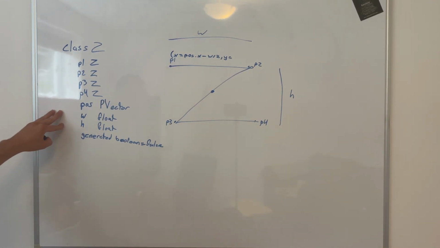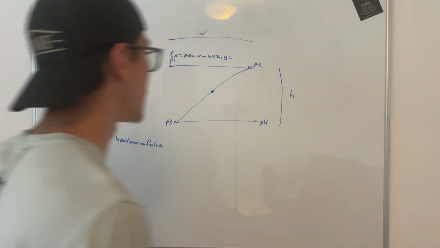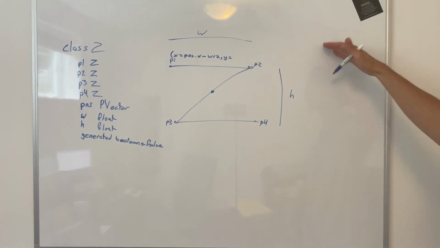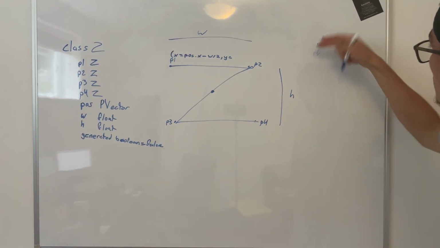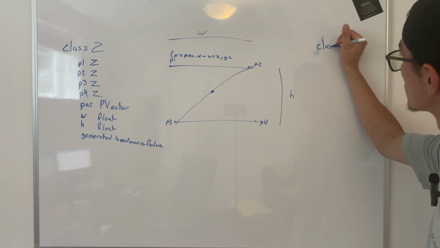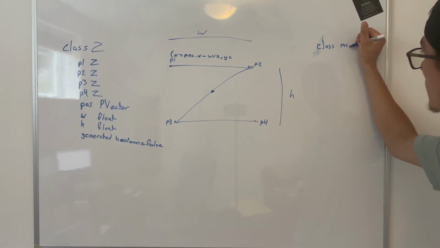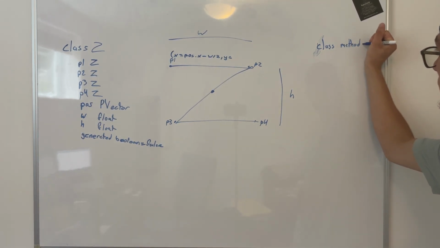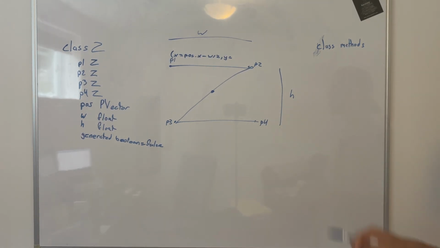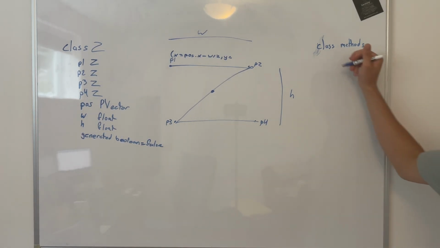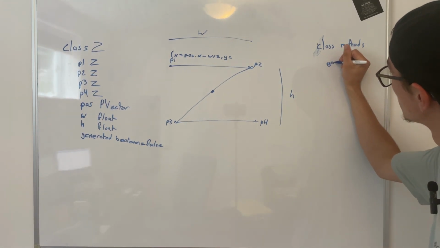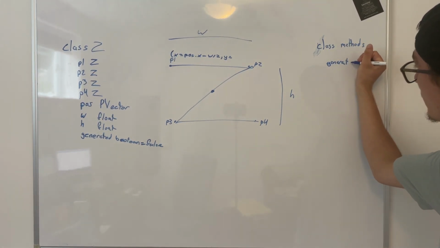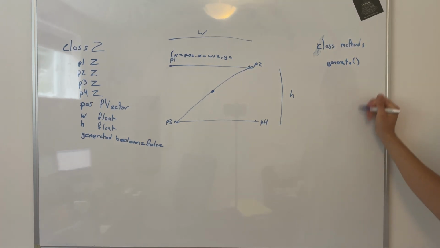Okay, all right. What methods do we want? I'm just going to write over here. So, well, class methods. Okay, great. So what do we want in here? We want a generate function, most certainly. Right. So this generate function, what should it do?